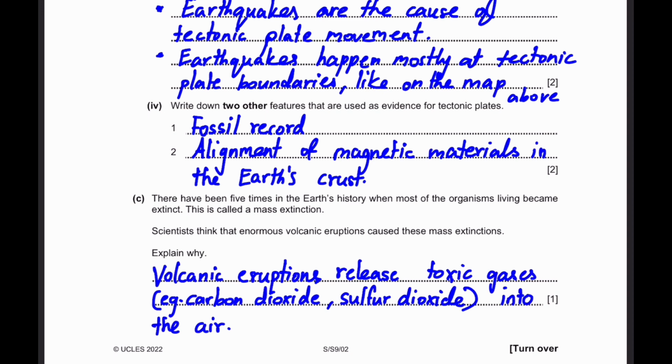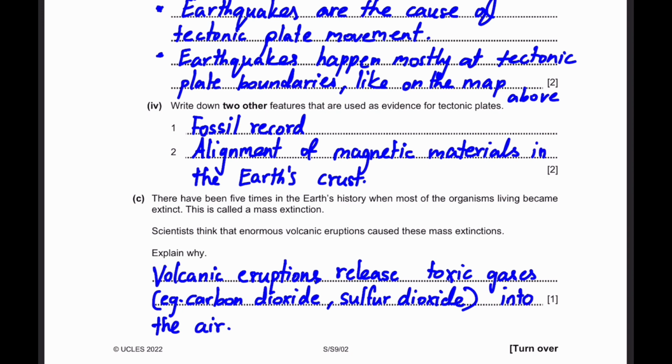Explain why. Although, yes, the scenario which I gave about the wiping out of dinosaurs was not caused by a volcanic eruption, others could have been caused by volcanic eruptions because they release toxic gases like carbon dioxide or sulfur dioxide into the air. Not just these two, it can release, for example, sulfur monoxide or even other gases.